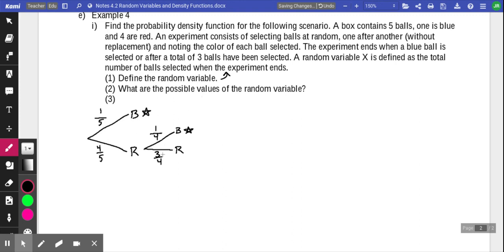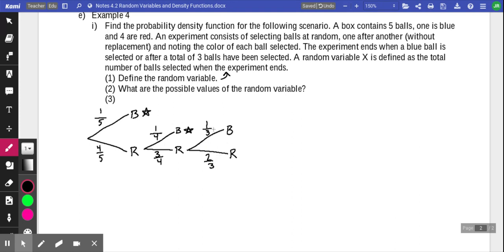But this would only be 2 balls selected, so this scenario would have to keep going. So we could either draw out a blue ball or a red ball. There are now just 3 balls that remain in this box. 1 of them would be blue, and 2 of them would be red.